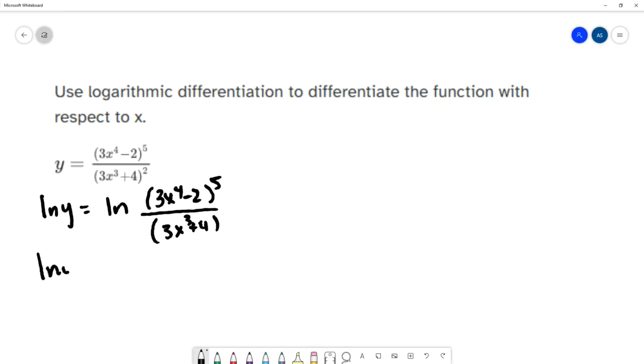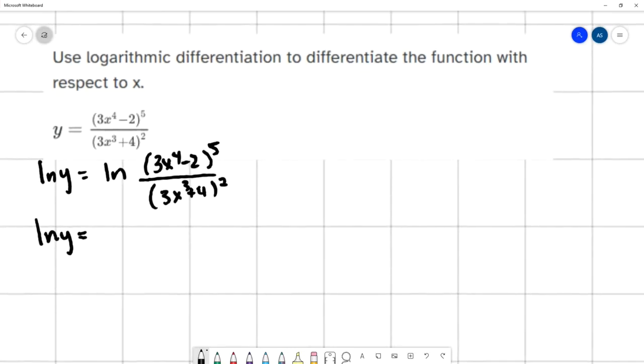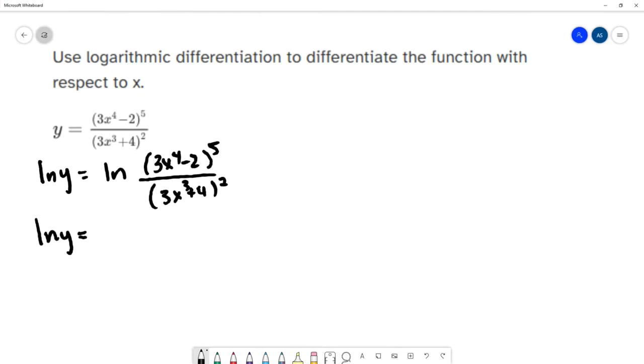Now that we have that natural log in the equation, we are able to use log properties to rewrite this equation. We can write this as natural log of (3x to the fourth minus 2) minus natural log of (3x cubed plus 4) squared. Excuse me, I left the 5 off here.